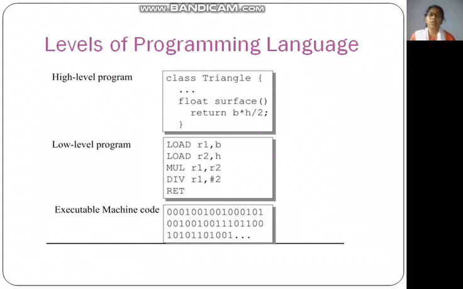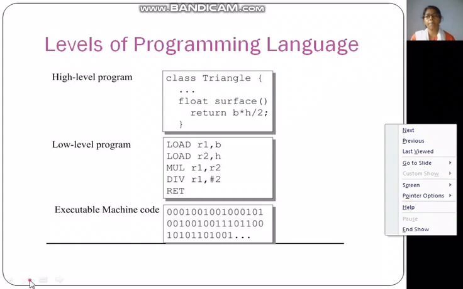Before getting into the actual concepts of C++, we need to understand some basic ideas about a programming language. What is a programming language? What are its levels? Using this diagram, I'm going to explain the levels of programming language.